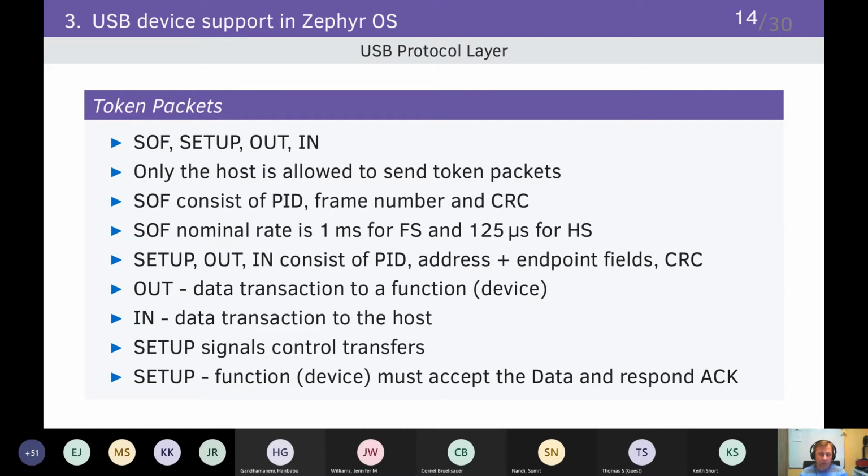A start of frame token consists of PID, frame number, and CRC. The nominal rate of SOF tokens is 1 millisecond for full speed devices and 8 times faster for high speed devices.